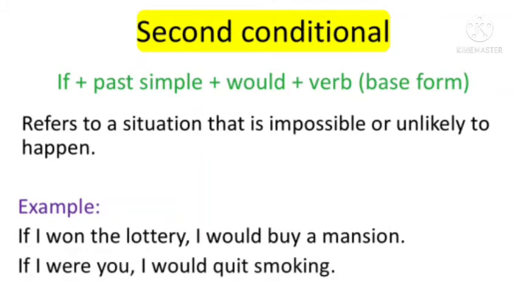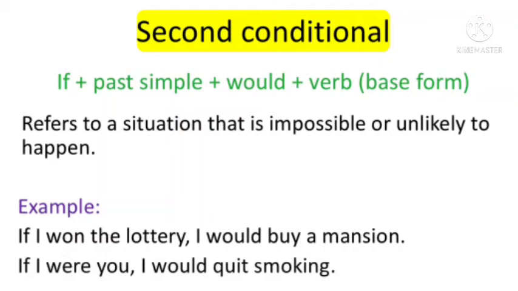Moving to the second conditional. In second conditional, if clause should be in past simple and main clause should be in future in the past, which means would plus base form, should plus base form, could plus base form, and might plus base form.